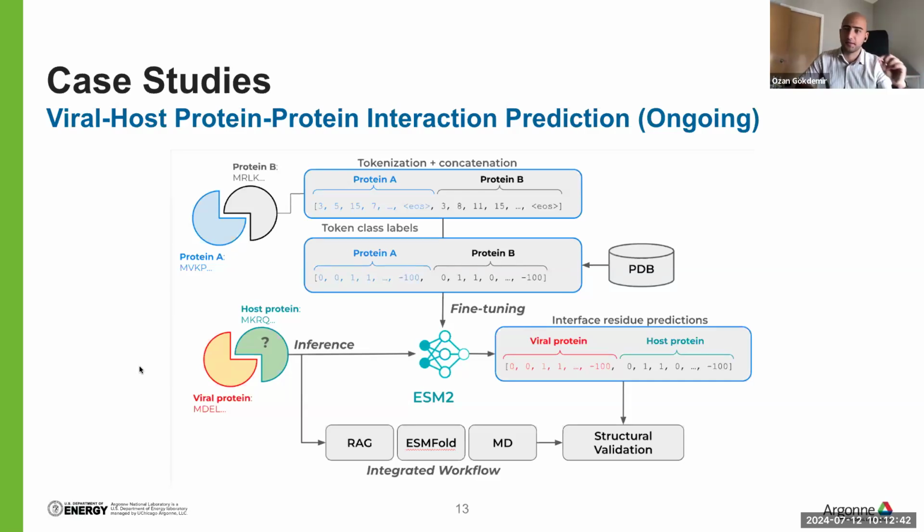Every time you get infected by a virus or a pathogen, the chances are quite high that a protein on that pathogen is interacting with a protein in your system to either infect you or to replicate the virus. Predicting the interaction between a viral and a host protein opens the door for developing a cure, because now you have a target that you can go after on the pathogen.